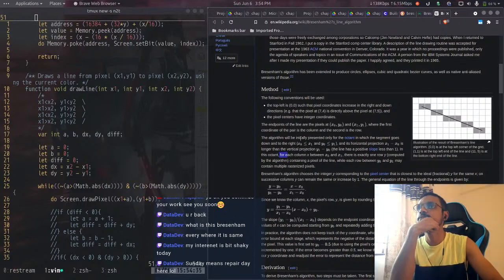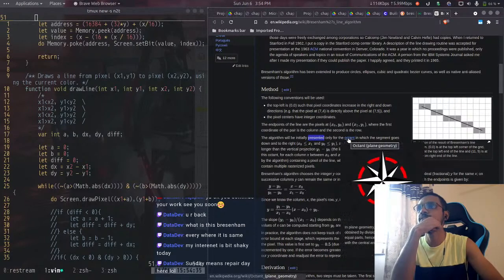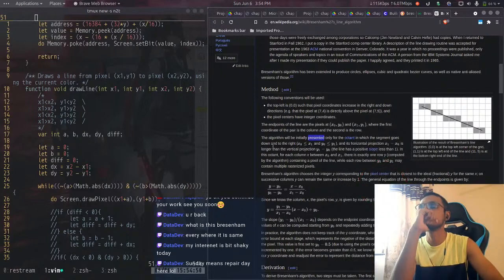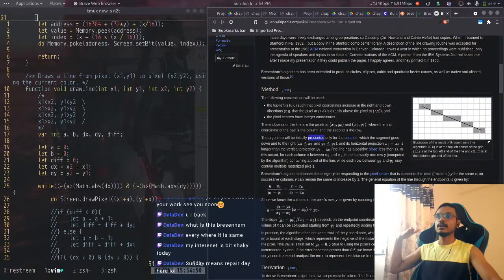The algorithm will be initially presented only for one octant. What is an octant? In which the segment goes down and to the right. So like this line, which goes down like this, and its horizontal projection x1 minus x0 is longer than the vertical projection.